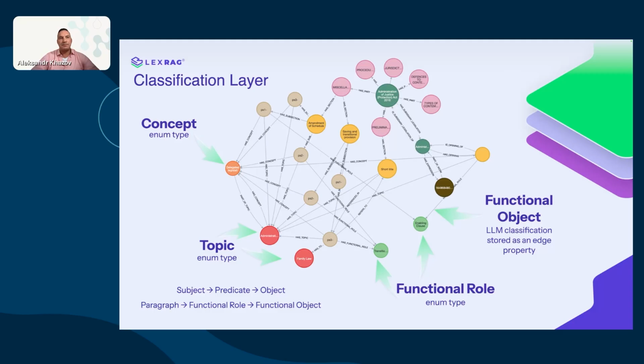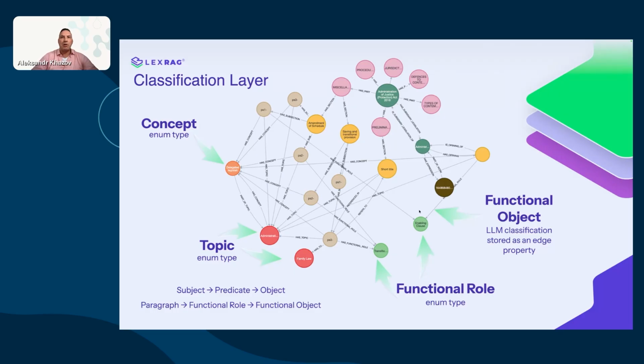We defined concepts, topics, and functional graphs, as I call it. Most of those concepts and topics were extracted by LLM classification, with concepts and topics being an enumerated type, and the functional object being generated text based on the source of the node.